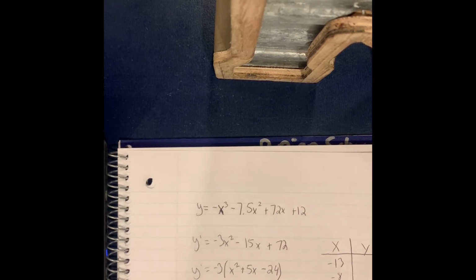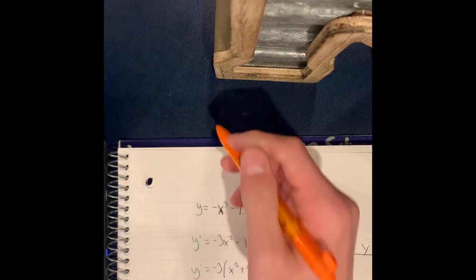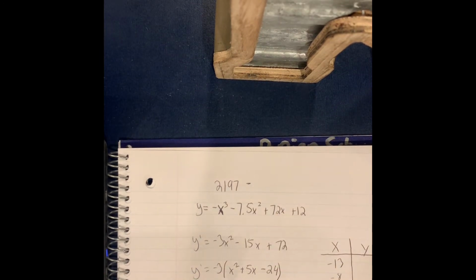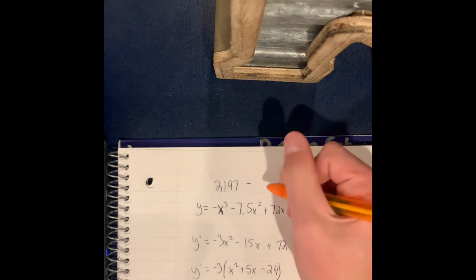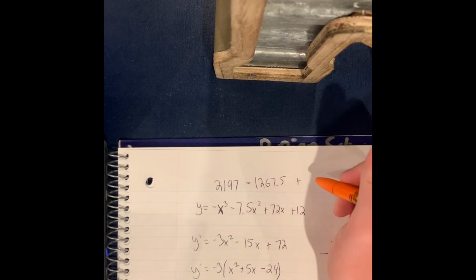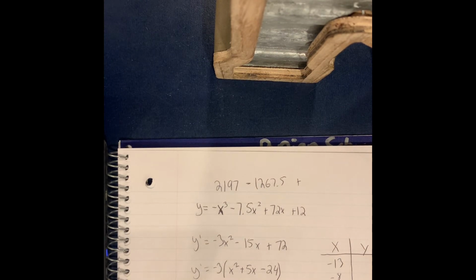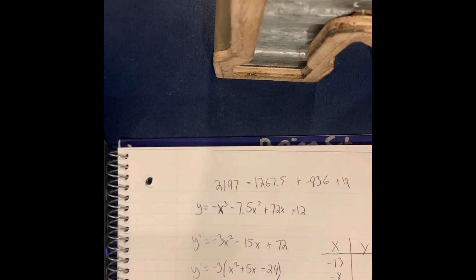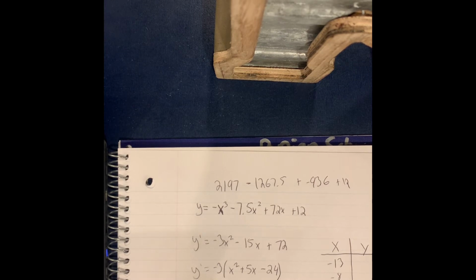So at negative 13, 197 minus 1267.5 minus 936 plus 12.